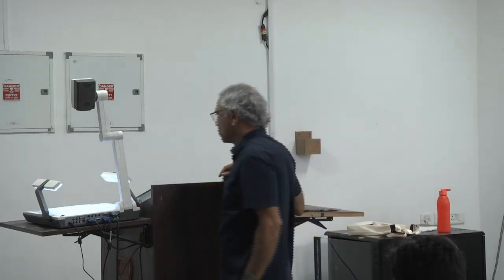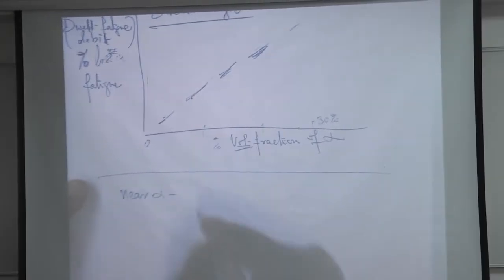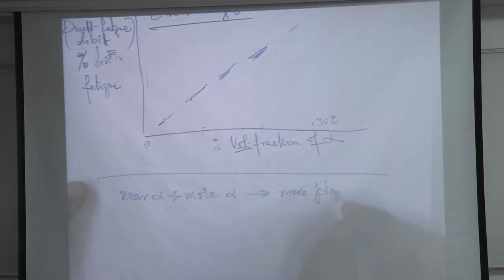What that means is essentially that, so this is the thing, right? There is a generality, another generalization, okay? We can put a generalization here. The generalization is near alpha, or more alpha, means more planar slip in terms of deformation.